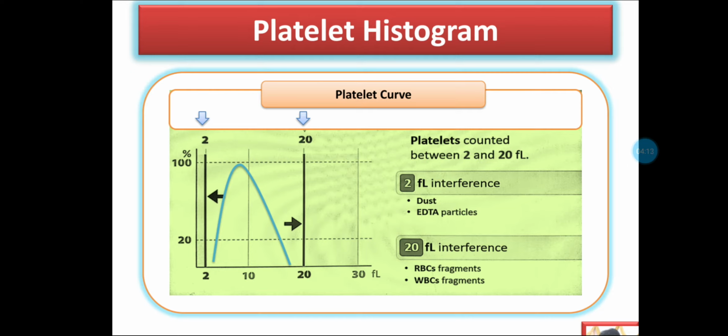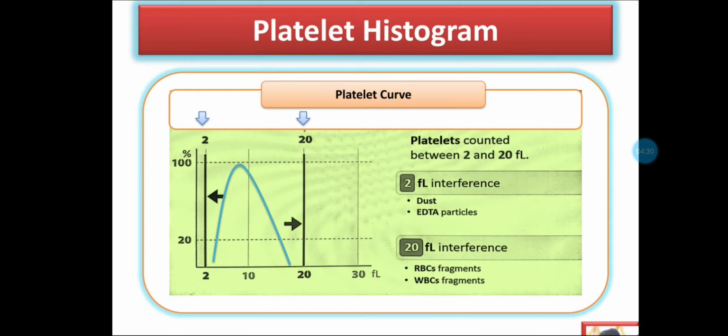There may be interference at 2 femtoliters and at 20 femtoliters. These interferences we can easily interpret from the histograms.